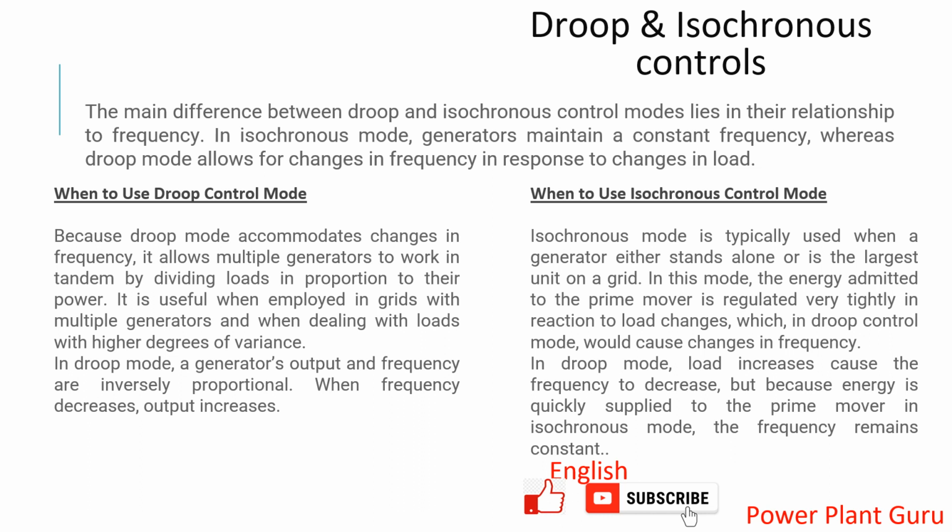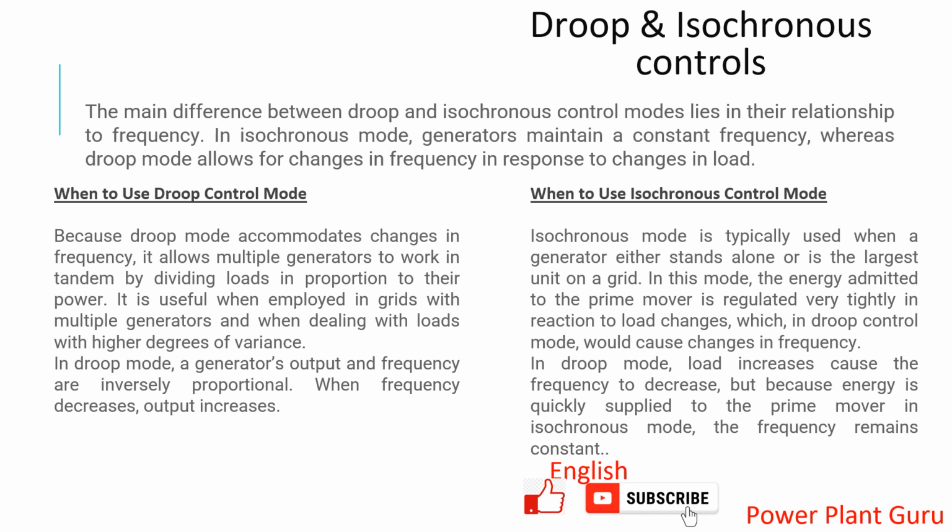So friends, droop and isochronous are two types of controls, basically differing in how they control the frequency or how they control the speed of their turbine. The difference lies in that only. Droop control allows frequency to change in response to load.